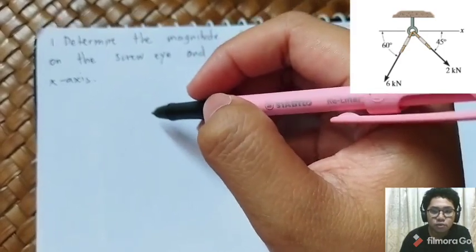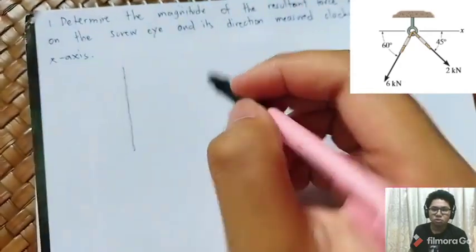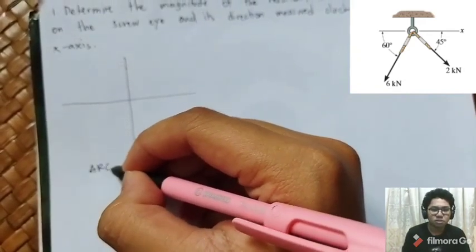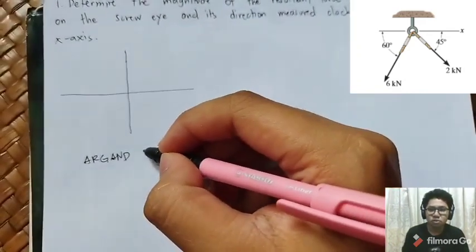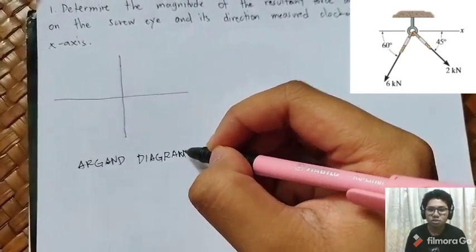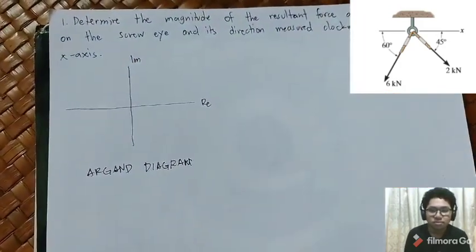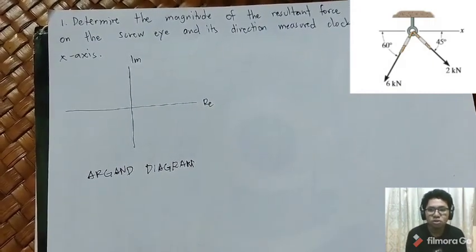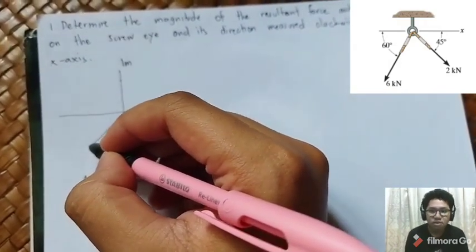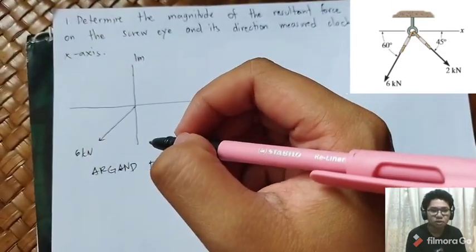First we will convert the image into the Argand diagram by sketching. Our force 1 has 6 kilonewtons with an angle of 60 degrees, and our force 2 is 2 kilonewtons with an angle of 45 degrees from the x-axis clockwise.